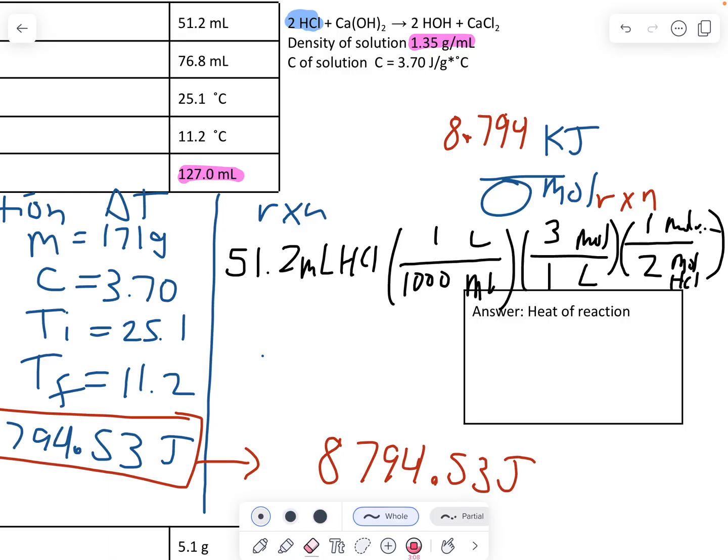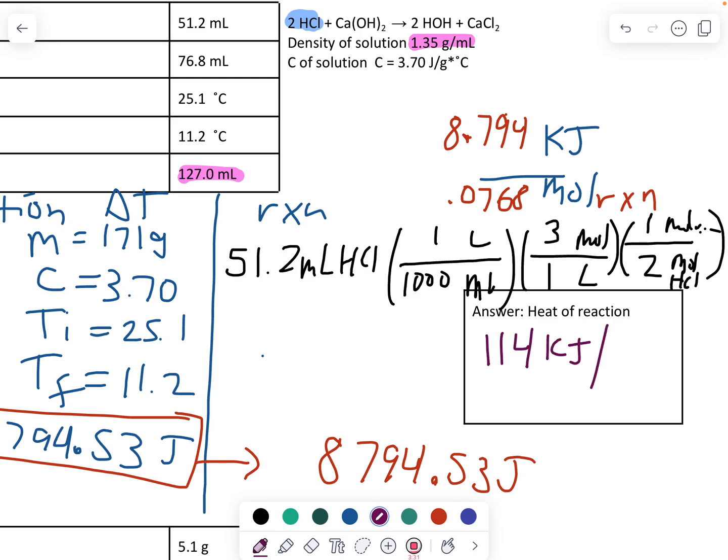So if you do that calculation all the way through, you will find that your mole number is 0.0768. From that, then, you can divide your amount of kilojoules by your amount of moles to get a heat of reaction, which is 114 kilojoule per mole of my reaction.